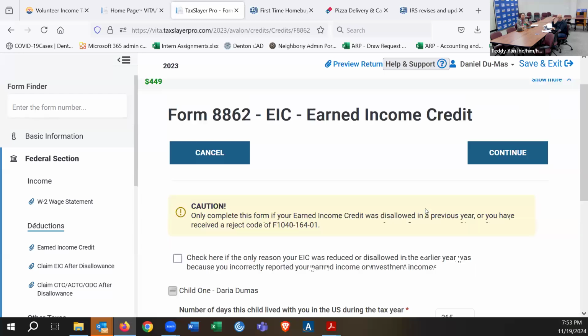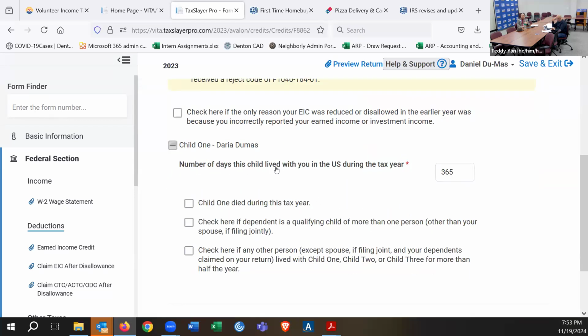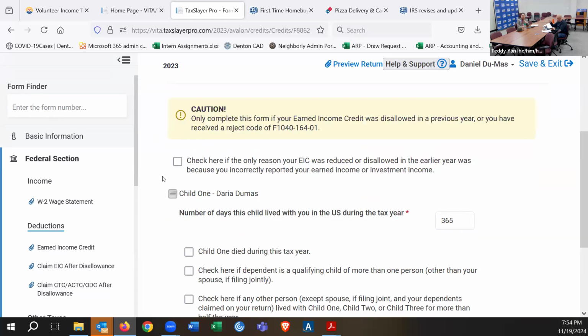And it's going to take us to what is essentially a shorter version of the checklist. And it says there's a couple options here. One of them is, is it only because you incorrectly reported your earned income or your investment income? Well, no, that wasn't the case. A child was claimed who was not supposed to have been claimed.